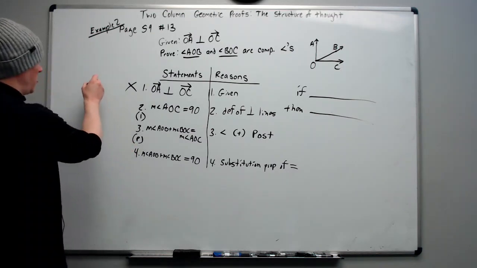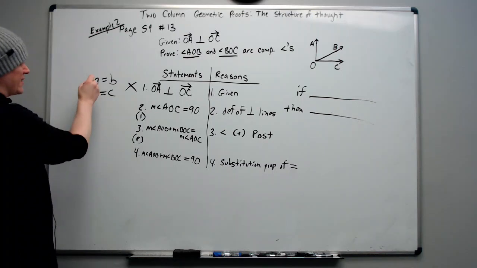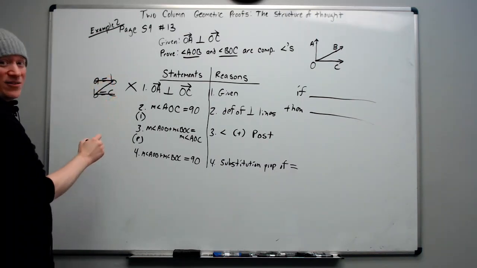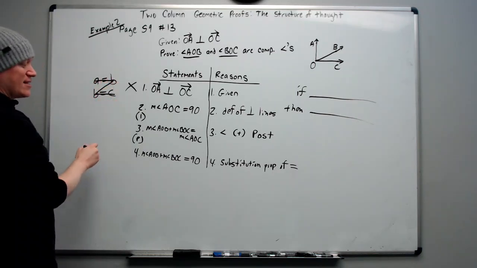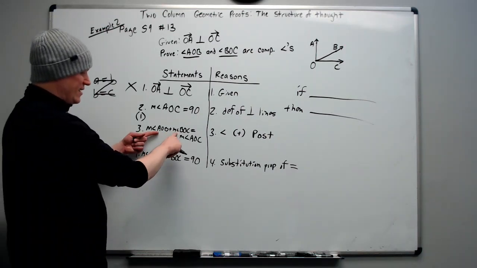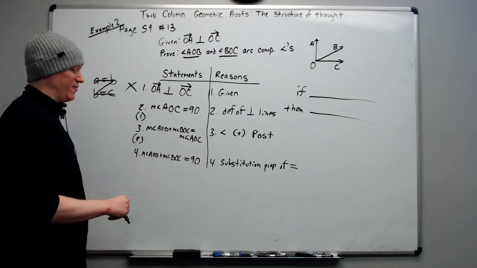Again, transitive is the one where if A equals B and B equals C, you'll kind of see a Z. A to B to B to C. Transitive is the way I think of it. So then it's like a chain connecting A to B to B to C. That's when you can use transitive. How is this transitive? It's this to AOC to AOC to 90. That's how it's transitive.